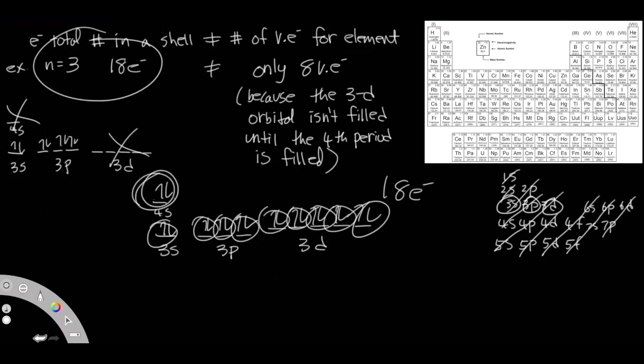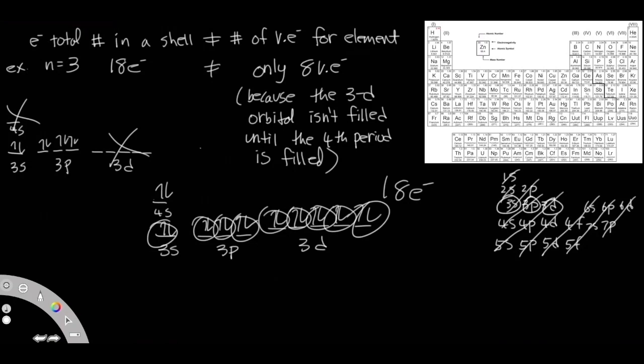Because other things are being filled up before it, that's fine. We don't care. Let them fill up. We need to follow the rule. Once we do that, once all of these orbitals are filled, we can count up the total amount of electrons in that shell. Up until then, if we want to find just the number of valence electrons for that element, stop at the principal.